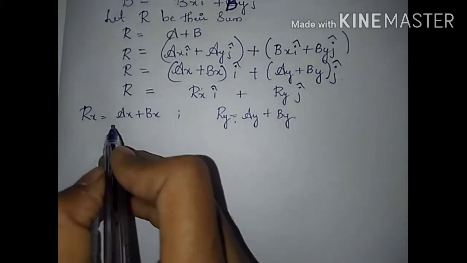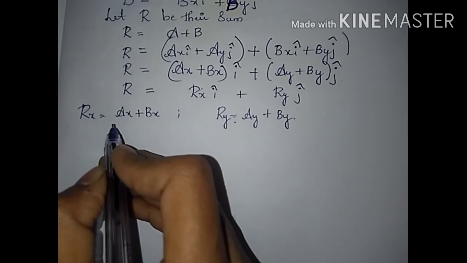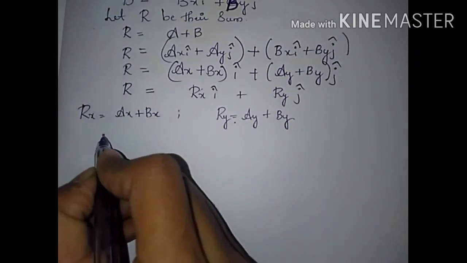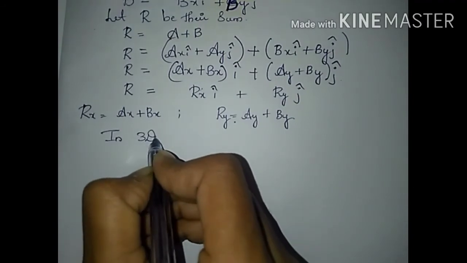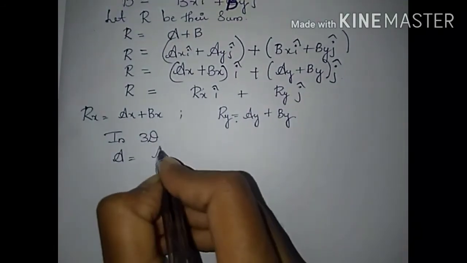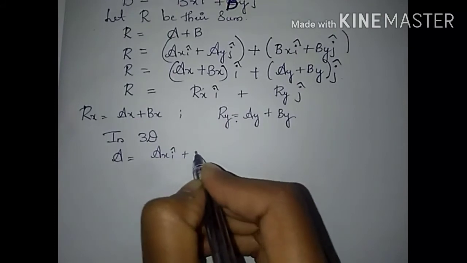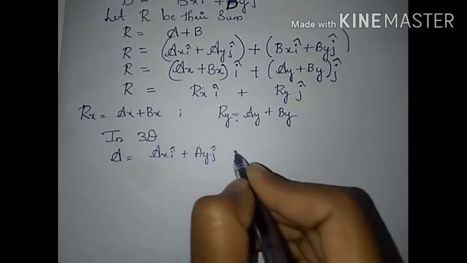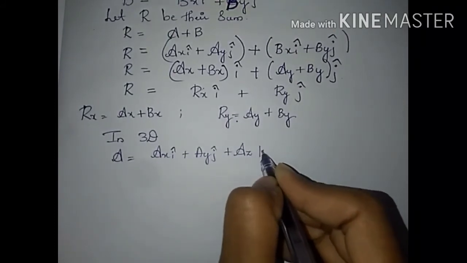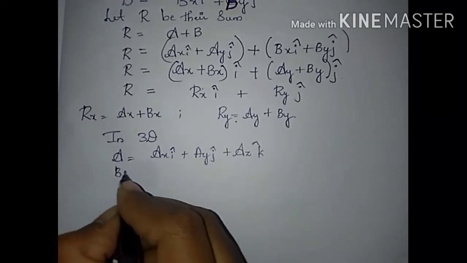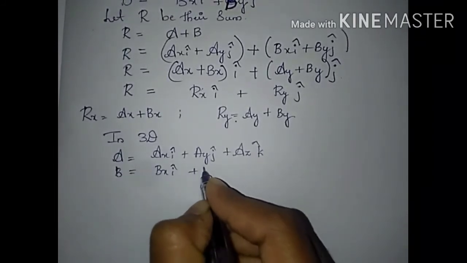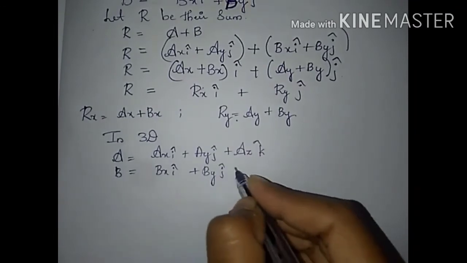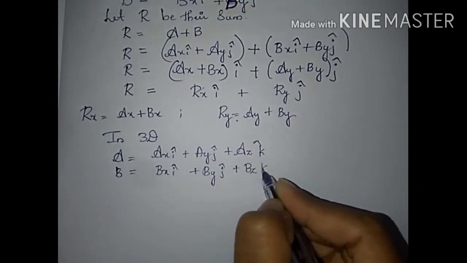Now if you have the vectors A, B in 3 dimension, A can be written as Ax i cap plus Ay j cap plus Az k cap. In the same way B can be written as Bx i cap plus By j cap plus Bz k cap.